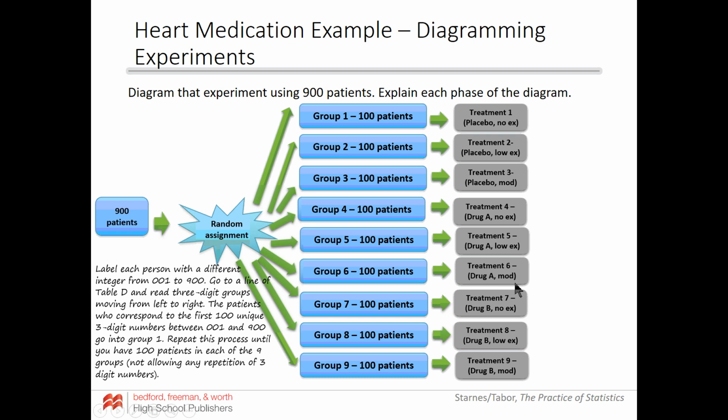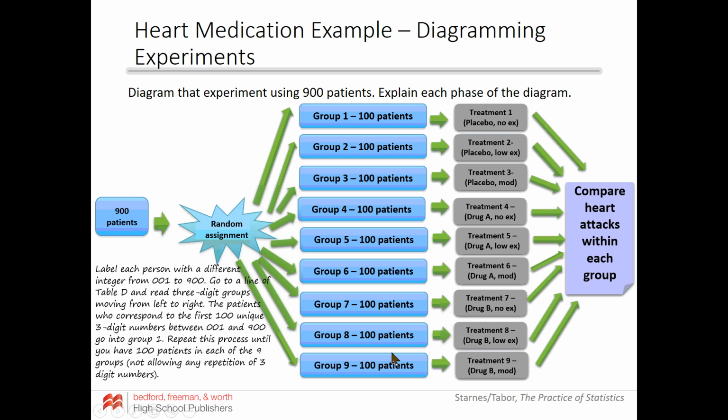Drug B, with all the different exercise levels, right? So each treatment is labeled with the specific treatment that is being given. And then my response variable, remember we said we're going to compare the frequency or amount or whatever of heart attacks within each group. All right?